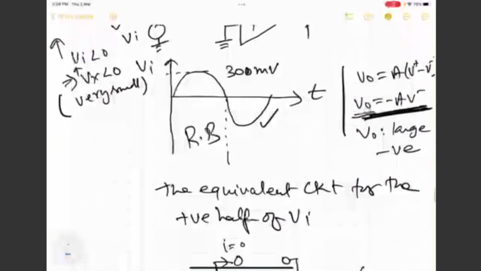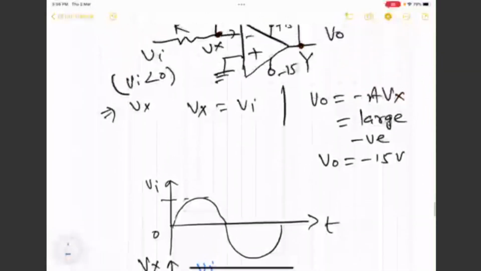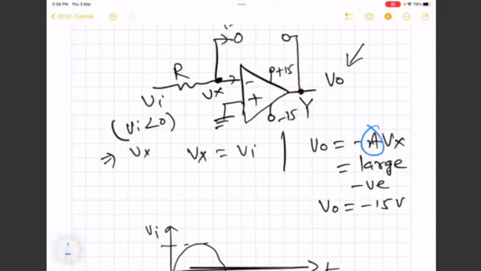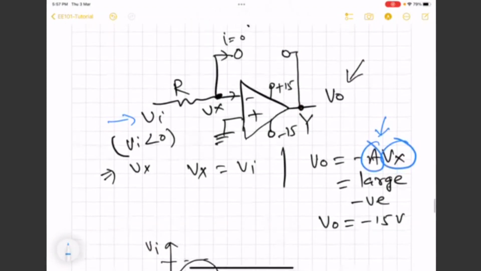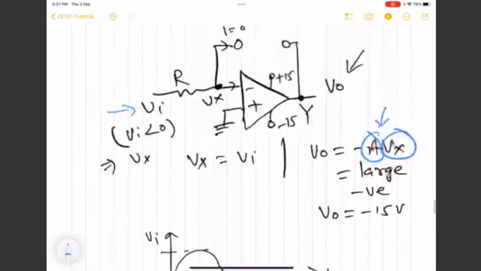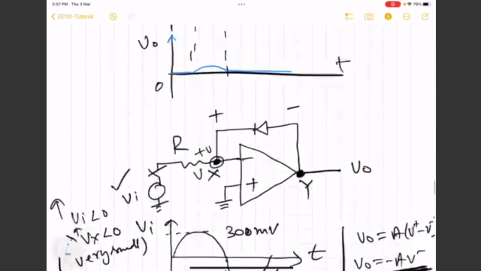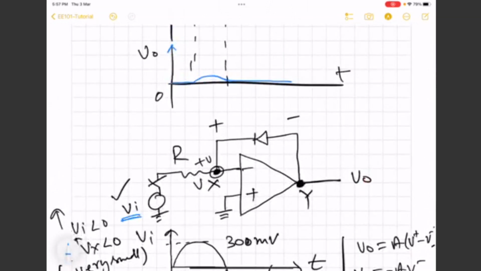And this is why, because output is A times that of the Vx. So it is A which is able to produce large voltage across the diode, large positive voltage or large negative voltage, even with very small external input voltage. So that is why this circuit is capable of rectifying even a very small input signal.